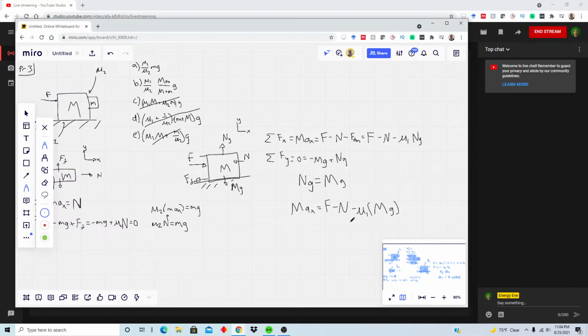And now that we actually have this ax, we can solve for it and we can divide everything out by M. So ax is equal to F over M minus n minus mu1 g.